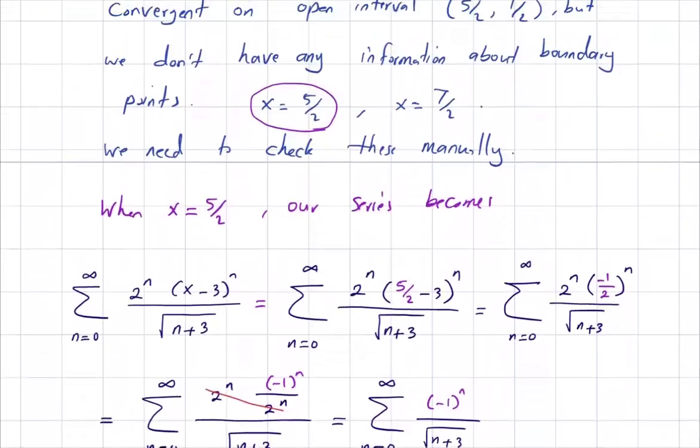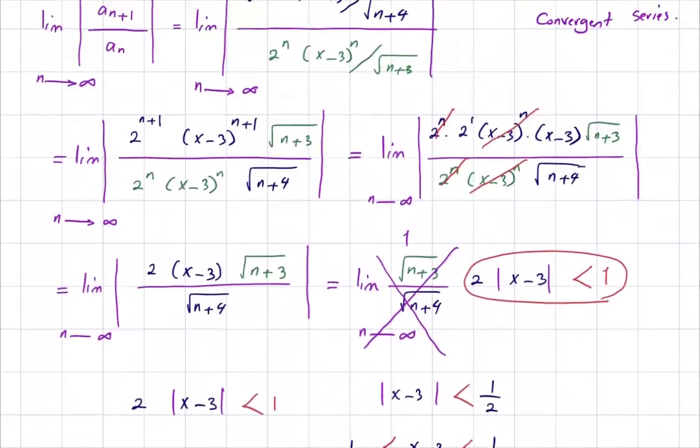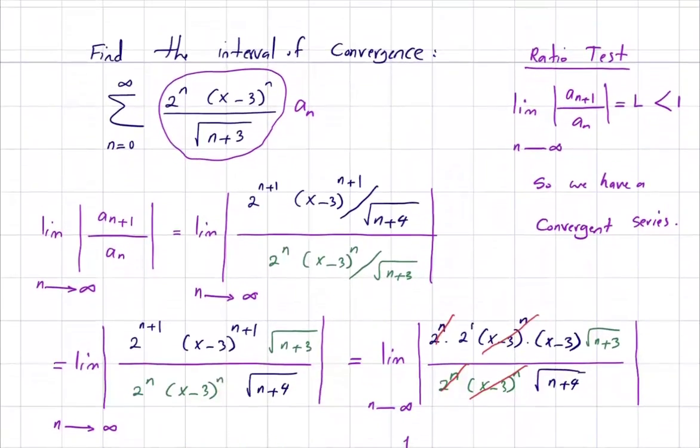We went over a lot of steps here for you. We started by having a power series. We wanted to find the interval of convergence. We applied the ratio test. The ratio test says the limit of the absolute value of an plus 1 over an must be less than 1, then we say that we have a convergent series.